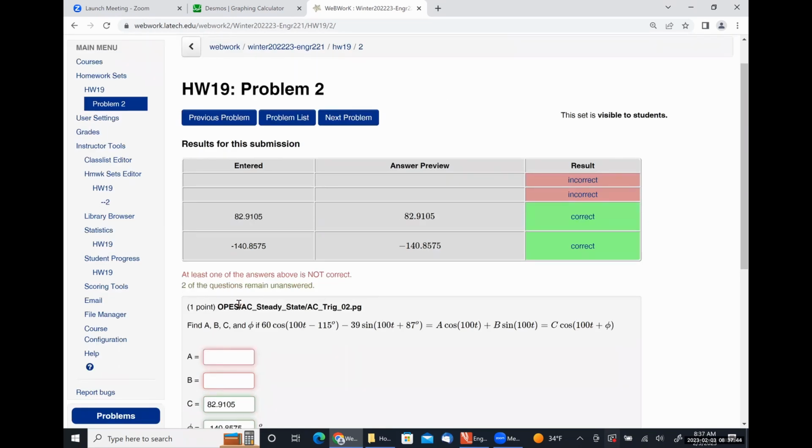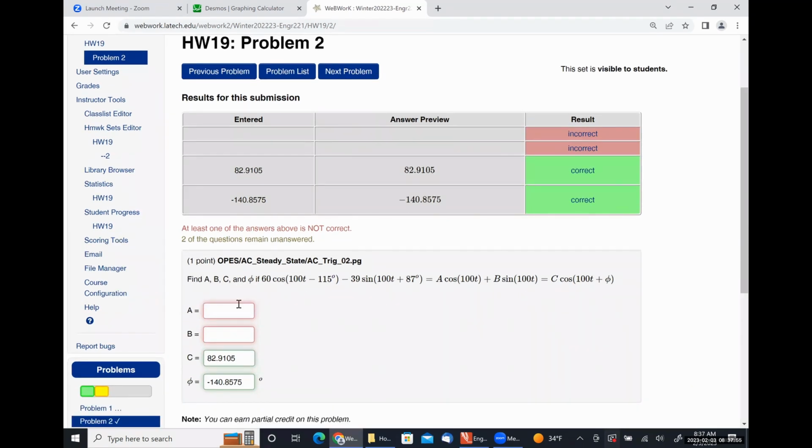If I convert that answer from polar form into rectangular form, I get negative 64.3036. So I'm going to put that here as A, negative 64.3036. And then I get minus 52.3373. I need to flip the sign on the imaginary part because of that negative sign in the trig identity.